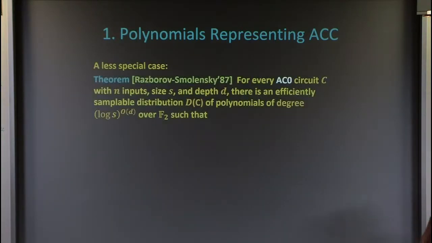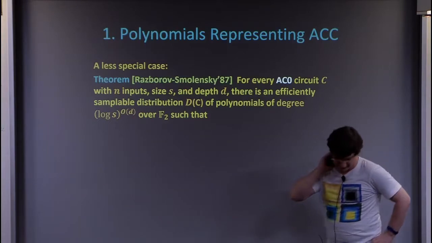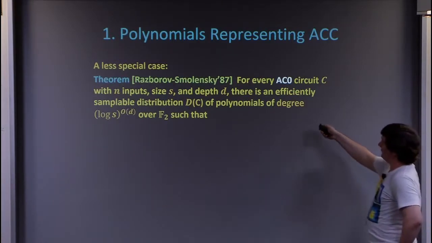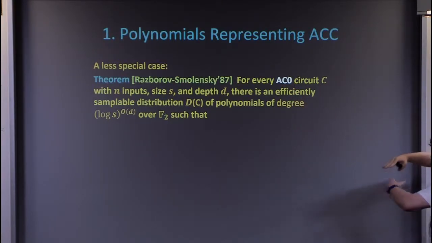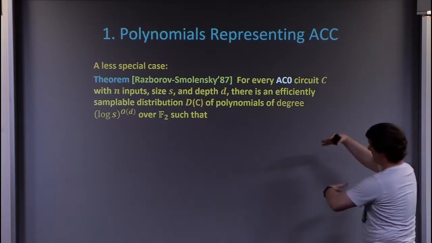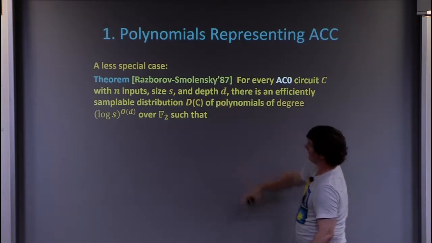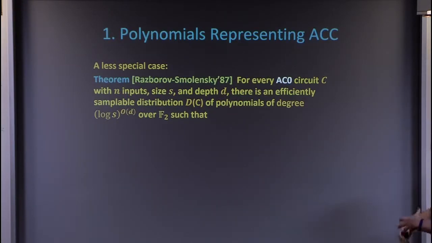A less special case is the following theorem of Razborov and Smolensky. It's a bit of a mouthful, but I'll say it slowly. For every AC0 circuit, so again, a constant depth AND, OR, NOT circuit with constant many layers, if it has n inputs, size S, and depth D, then there's an efficiently sampleable distribution.